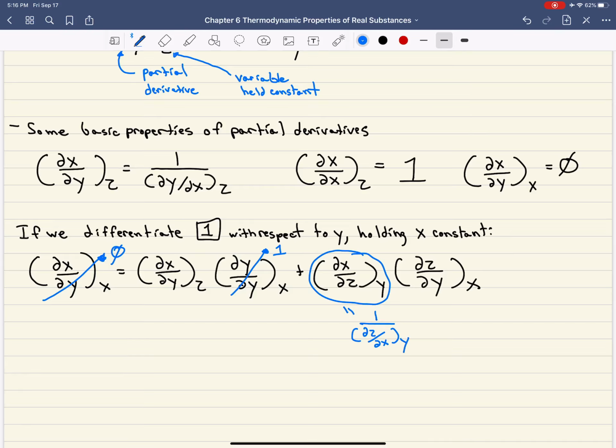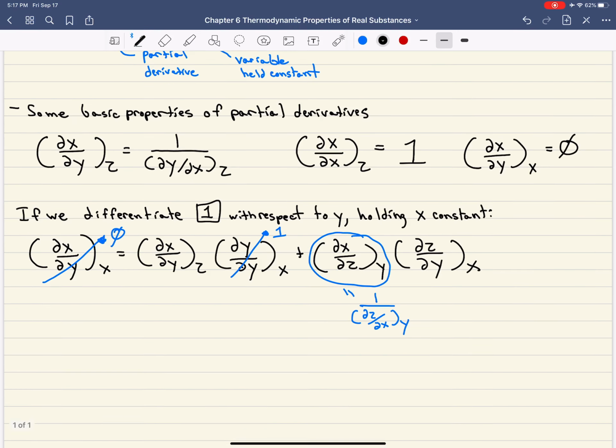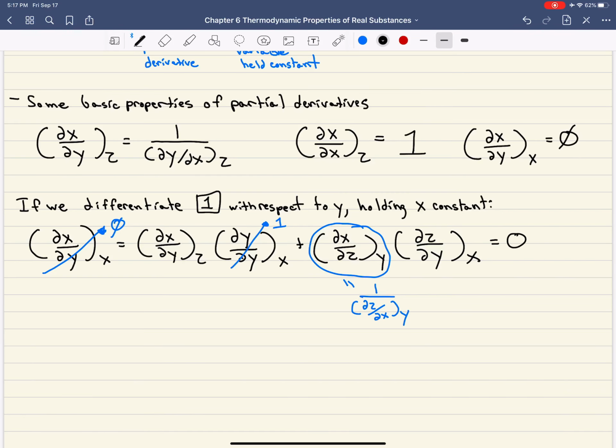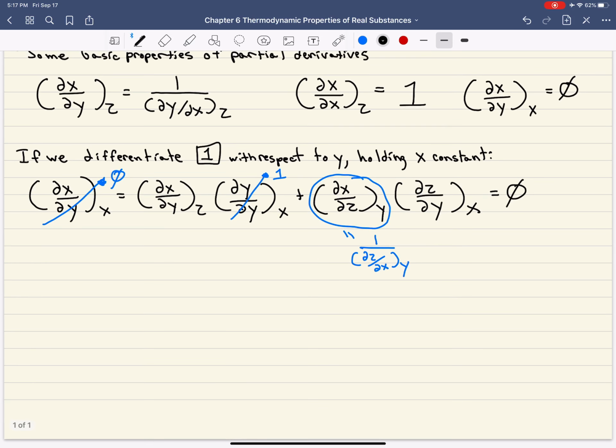Okay? All right, in any case, with applying these three basic properties, we could rearrange this equation. So just to be clear, this is equal to 0. We could rearrange this equation so that we get that (∂x/∂y) at constant z times (∂z/∂x) at constant y is equal to negative (∂z/∂y) at constant x.